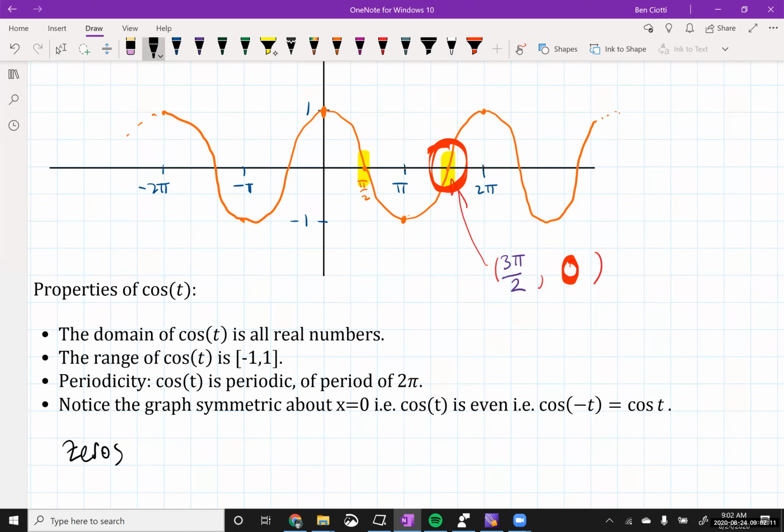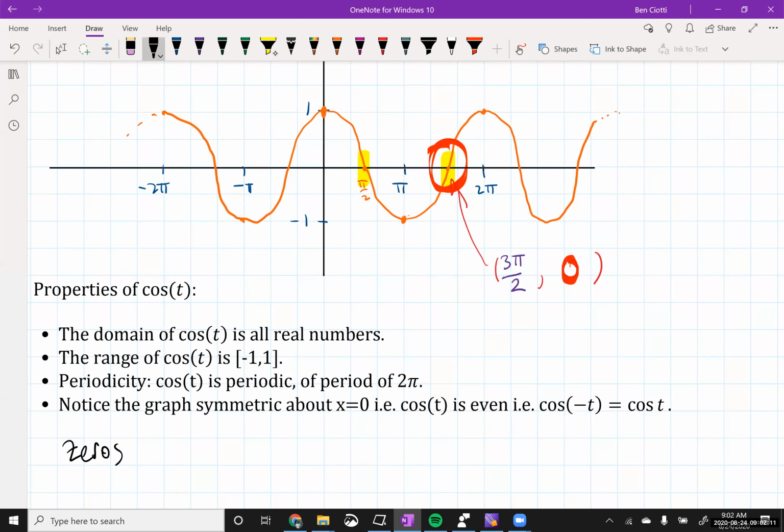And the amplitude of 2 sine x is 2. Okay, so here's a general formula. In general, the amplitude of some multiple a of sine x is a.